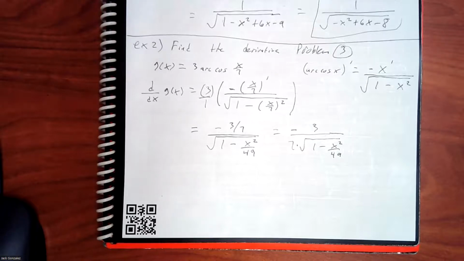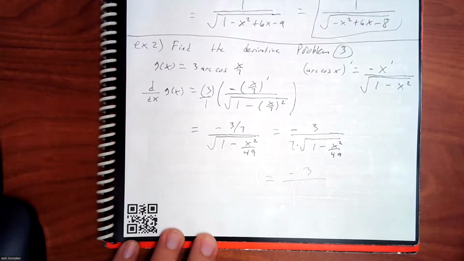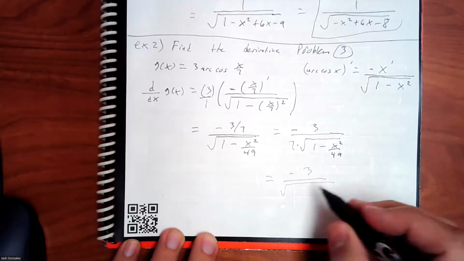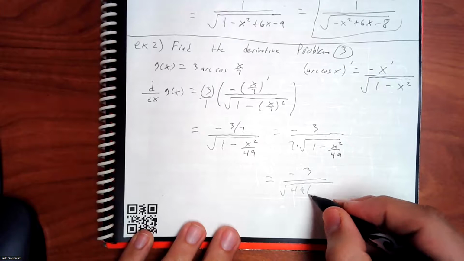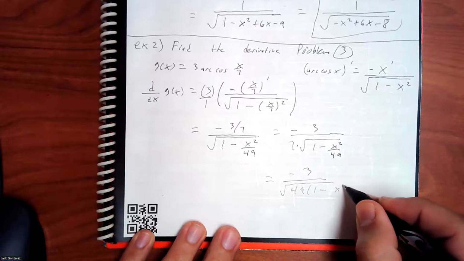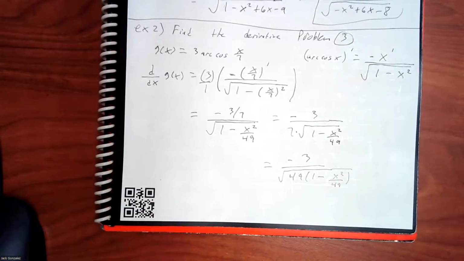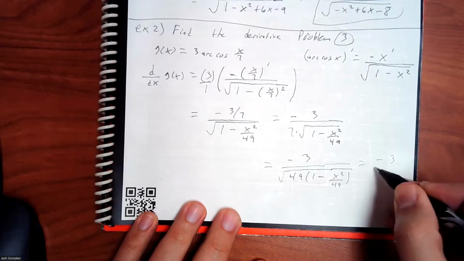This is another section where all the answers look alike. We could try to make it prettier by forcing that 7 inside. Doing some witchcraft. Because if I bring a 7 inside of roots, it becomes a 49, right? You agree with that? Then I can multiply that in there and get something prettier.